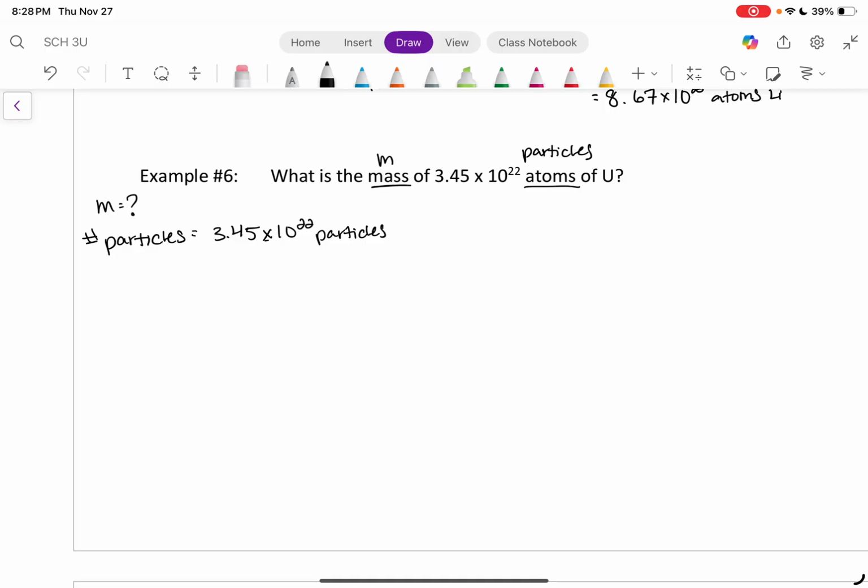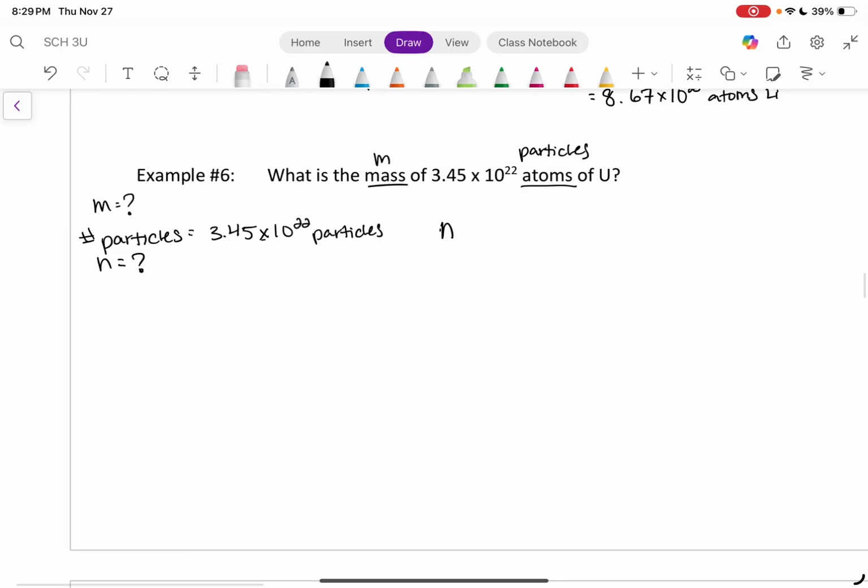Well, if I want to know my mass, that means that I'm going to need to find the number of moles of uranium. How do I find the number of moles when I was given the number of particles? N equals number of particles over Avogadro's number. Because I know that Avogadro's number is 6.02 times 10 to the 23 particles per mole.